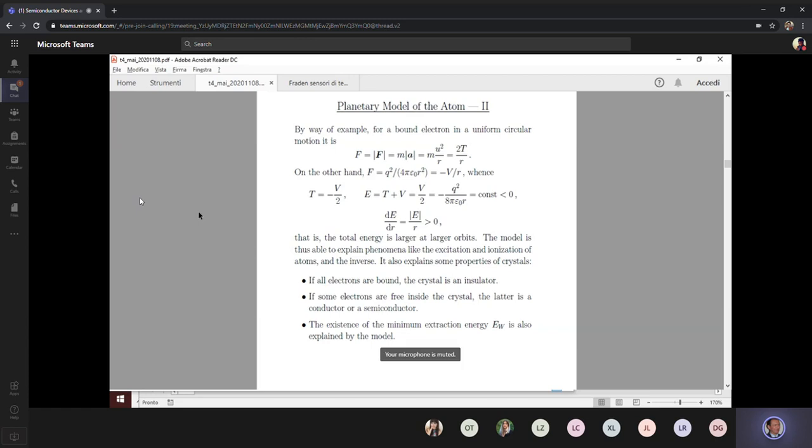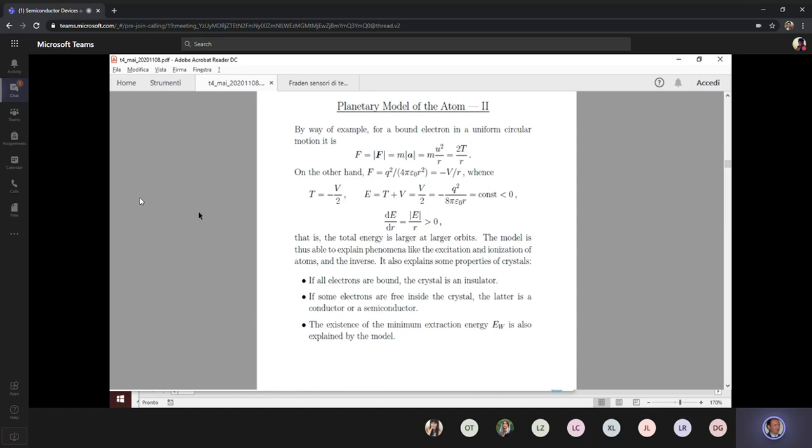Now let's consider a crystal. A crystal may be understood as a collection of atoms, and let's assume that all these atoms are described by this model.